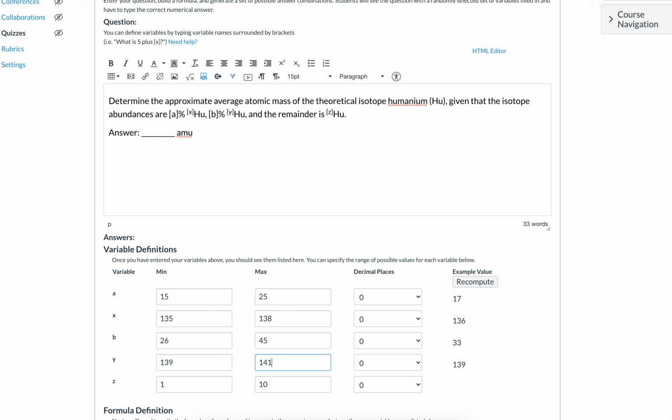We're giving it a more narrow range. And then we have the Z isotope, which would be 142, let's say 142 up to 144. So we don't have any overlap between our isotopes, and that's good. We also want these to be whole numbers. You can have your percentages be decimal numbers, but we of course want our mass numbers to be whole.